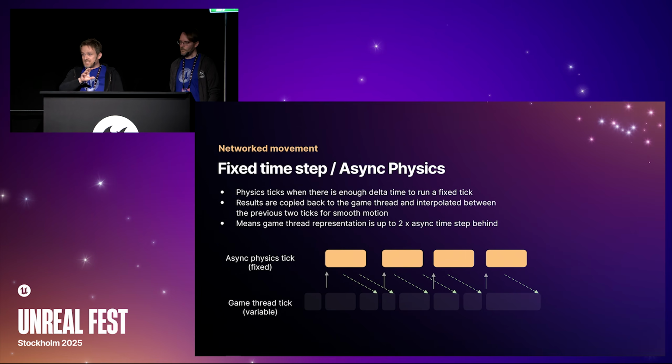That enables us to have a smooth physics representation on the game thread. But one of the consequences of that is that the game thread representation is always slightly behind the physics thread representation, and at the most, it can be up to 2 times the async delta time away. This has some consequences, which I'll talk about in a sec.